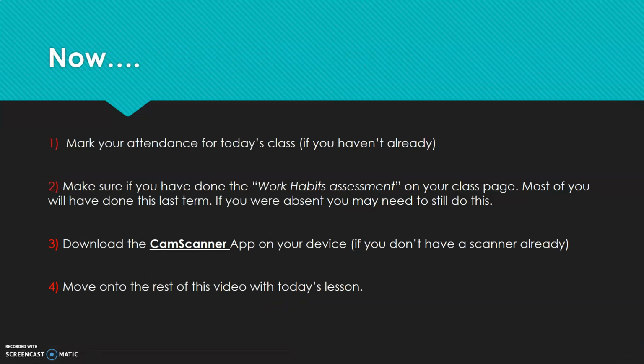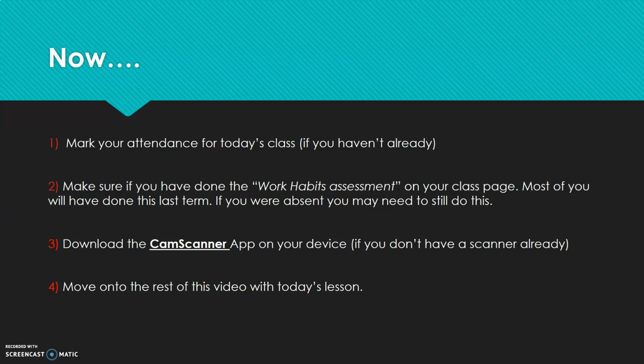Alright, so now I'll ask you to make sure you do the first 3 things. Some of these you may have already done, and if you have, then you can move on. For example, the first one's marking your attendance for today. If you've already done it, you can move to step 2. The work habits assessment. You have most likely done this last term, in which case, if you have, you don't need to do it again.